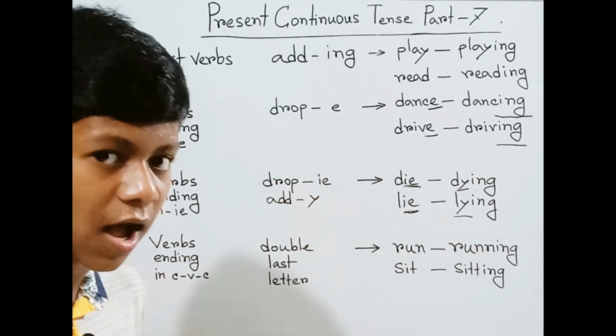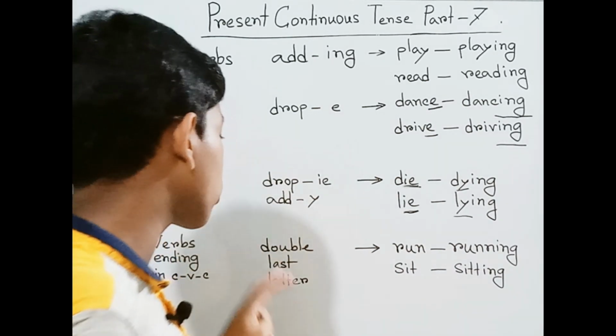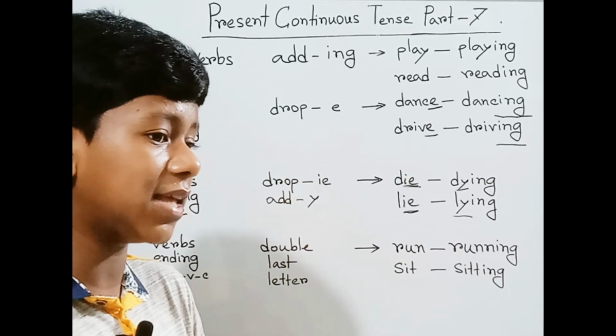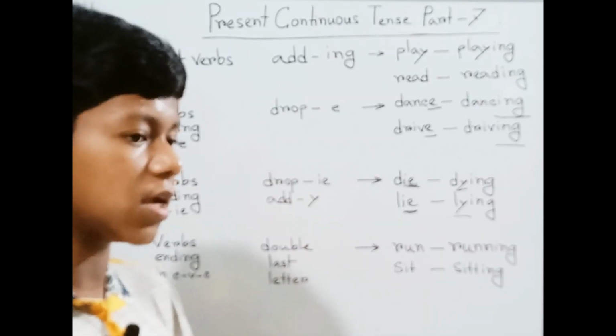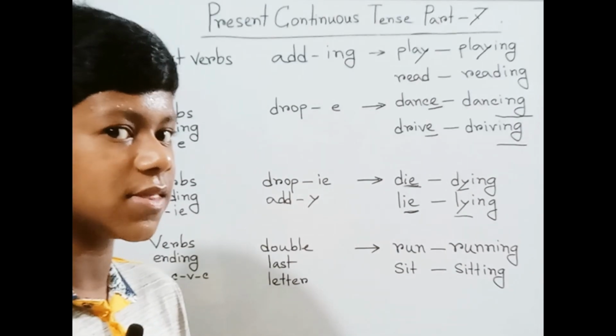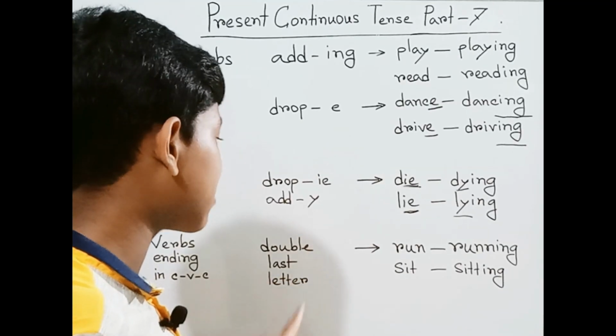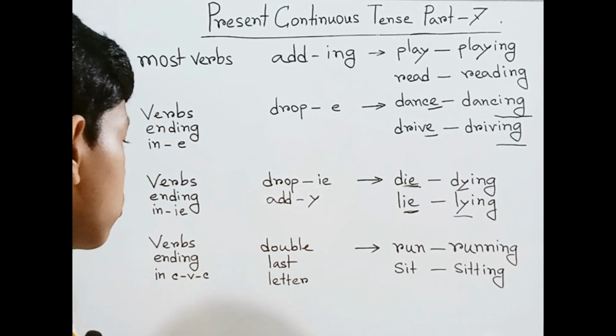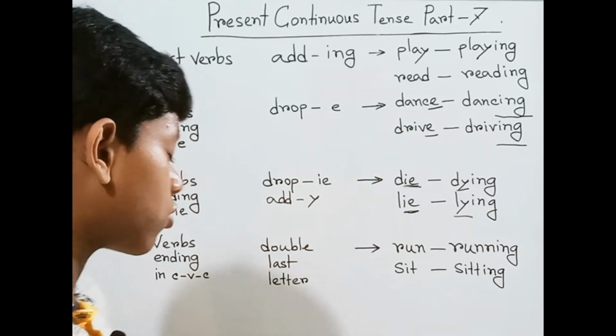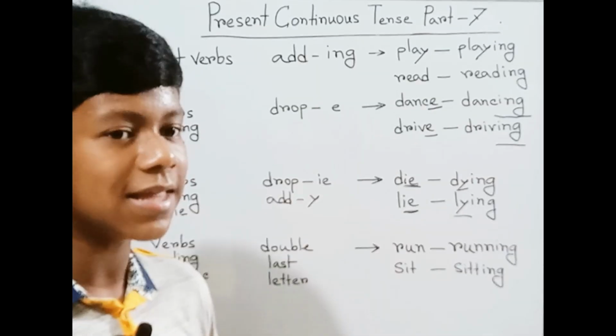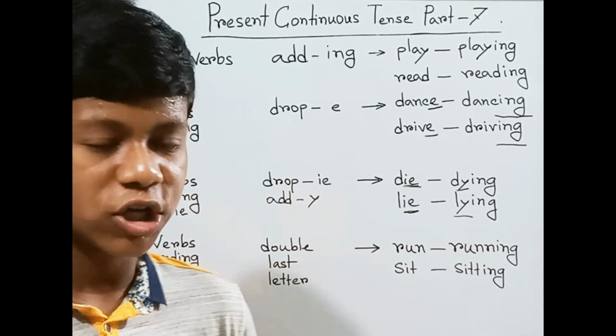So for this pattern, the last consonant letter of the word will be doubled. I hope you have understood. Just see the example, then it will be clear for you.